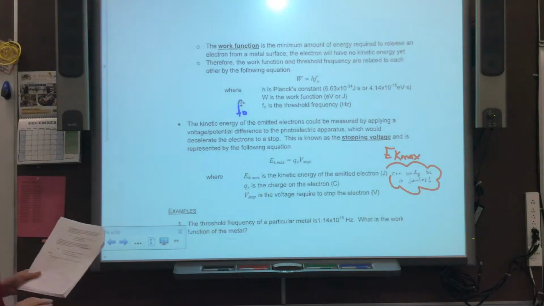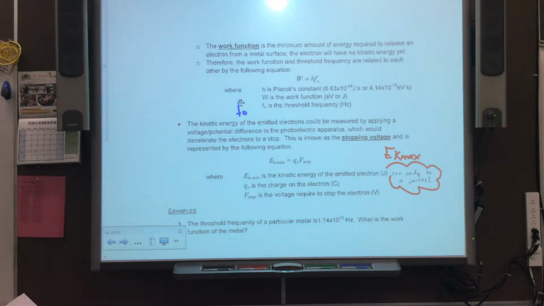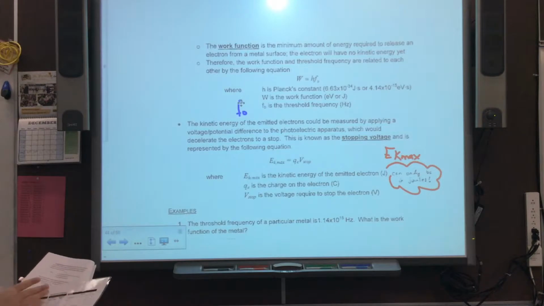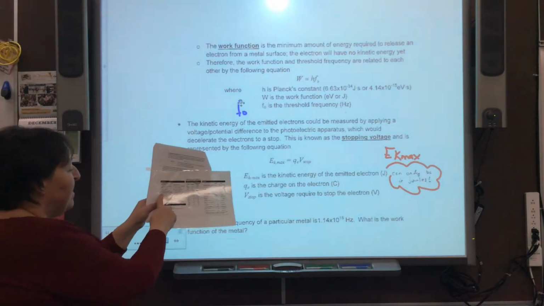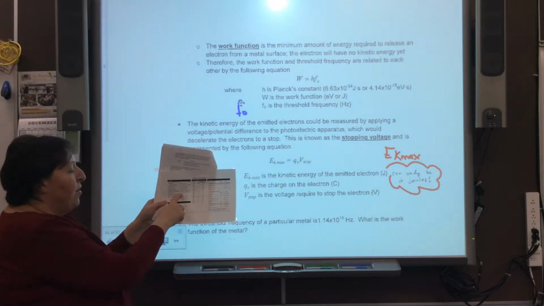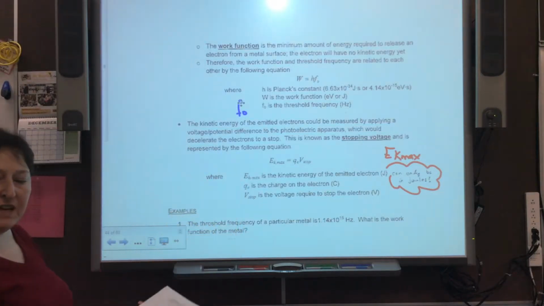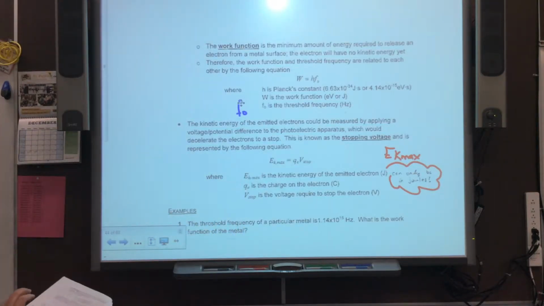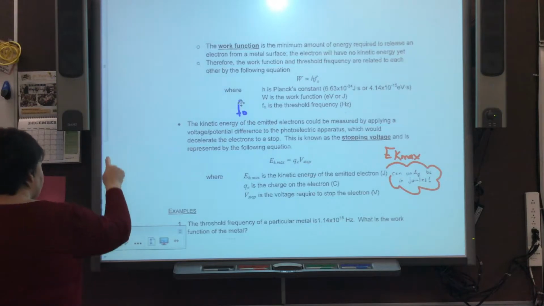Okay, so we know again from our data sheet that 1 electron volt, right underneath Coulomb's law, is equal to 1.6 times 10 to the negative 19 joules. So we can convert back and forth, but E_k max's answer will be in joules.